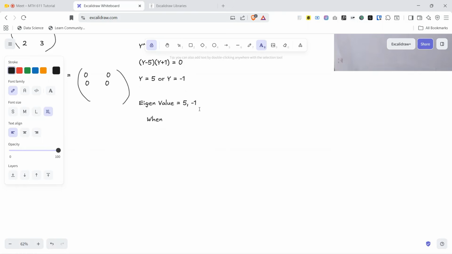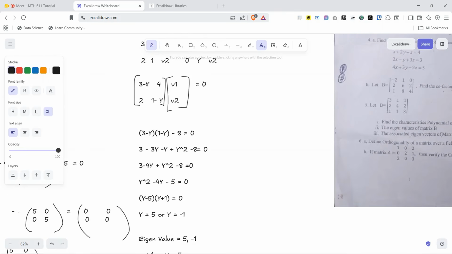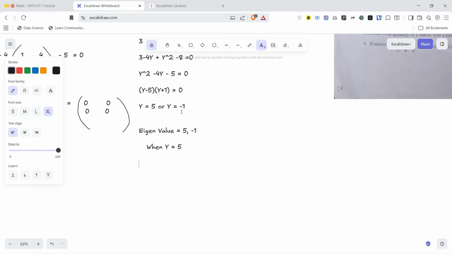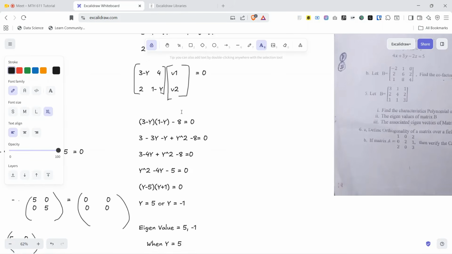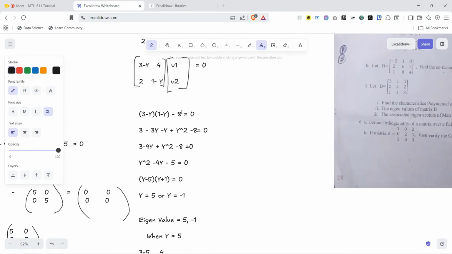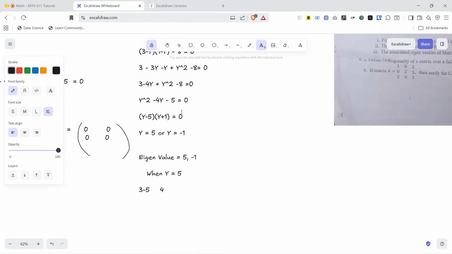So we would have 3 minus 5, 4, 2, 1 minus 5, then V1, V2 equals 0.